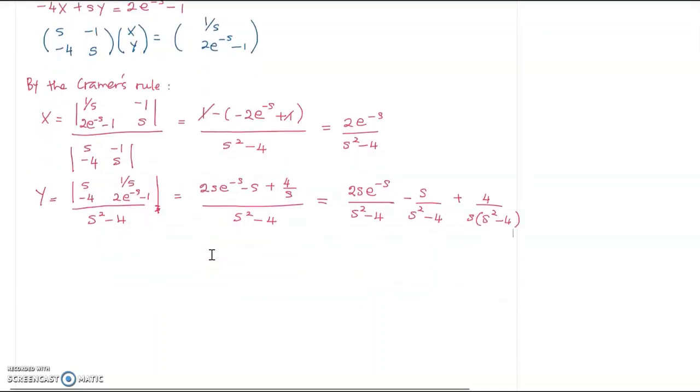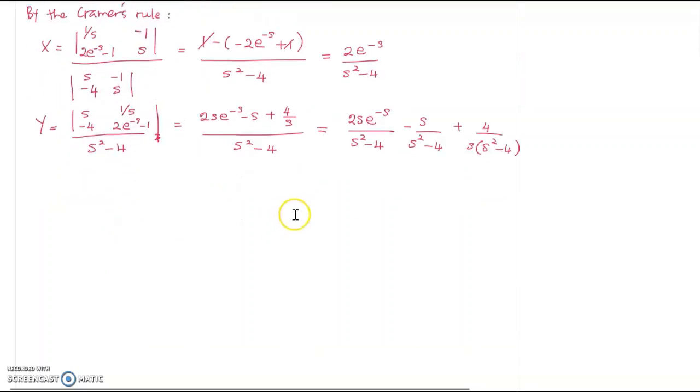Now this is the last step, which is the longest step of all the steps that we have. So now our aim is to get xt.